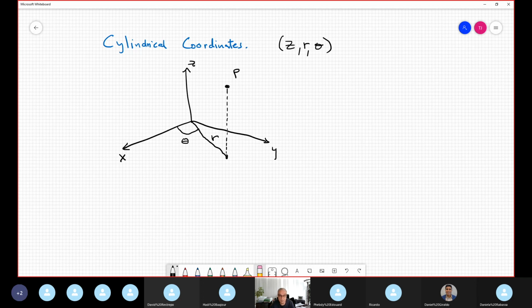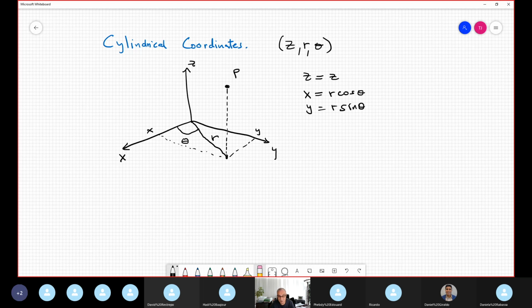So z stays the same. But x is this segment, and y is this segment. It's the convention, like the polar: x is equal to r cosine theta, and y is equal to r sine theta.